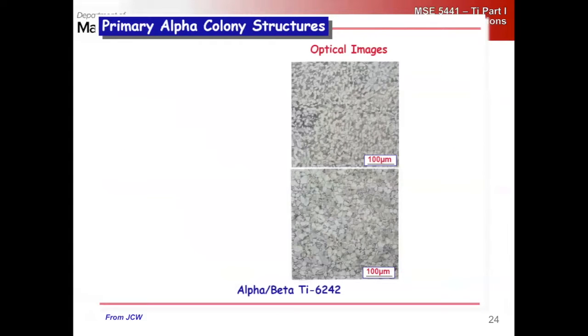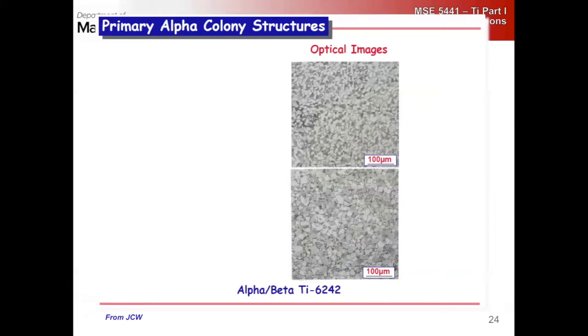So here we see, this is a good last digit exercise, right? If you look at these two optical images, the billets, the material that these came from, behave very differently in something called dwell fatigue.